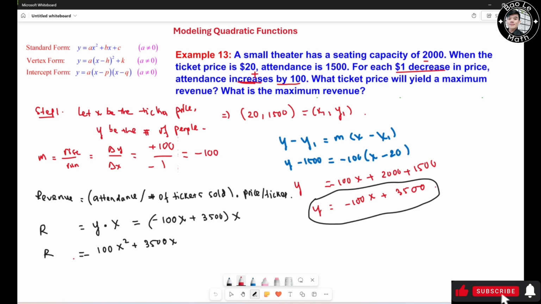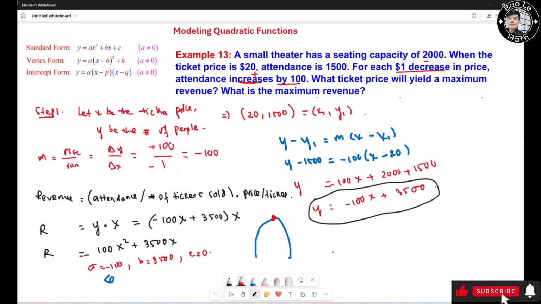And then I have A equals negative 100, right? B equals 3500, right? And C equals 0, right? And then because A equals negative 100, less than 0, the graph opens downward. And then the maximum value is going to be right here, the y value of the vertex, right?